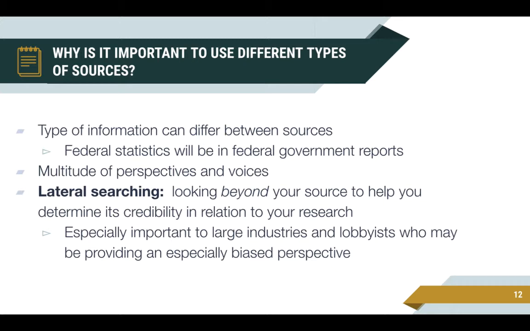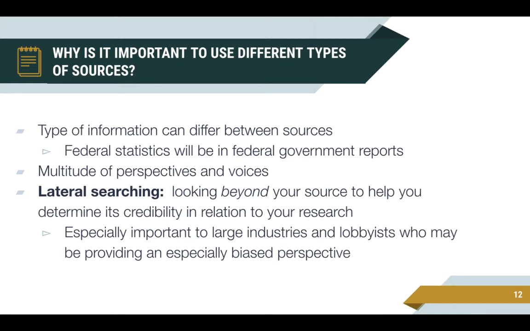It's also important to use different types of sources because it's important to look at a multitude of perspectives and voices. So an important thing to do here is what is called lateral searching, looking beyond your source to help you determine its credibility in relation to your research.